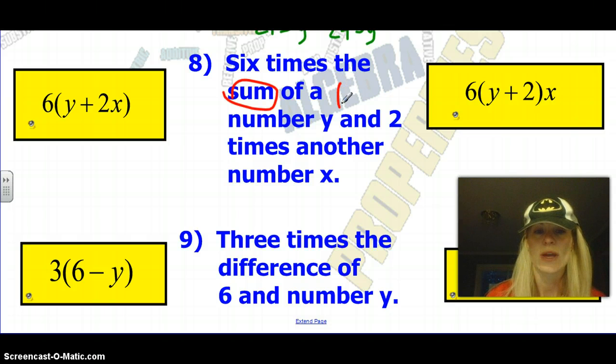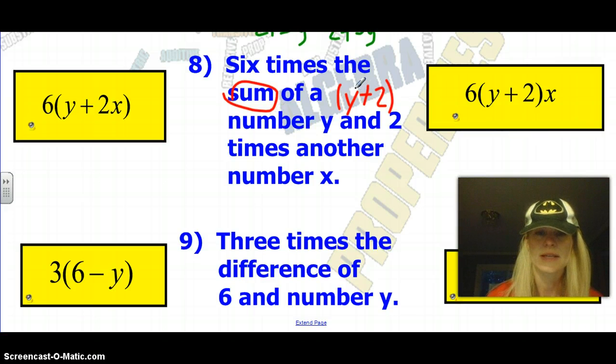So we have the sum of y and 2. And when you're saying sum, you're talking about the answer of this. Okay? So we want to make sure we put the parentheses around it so that this part is done first and we get that answer.